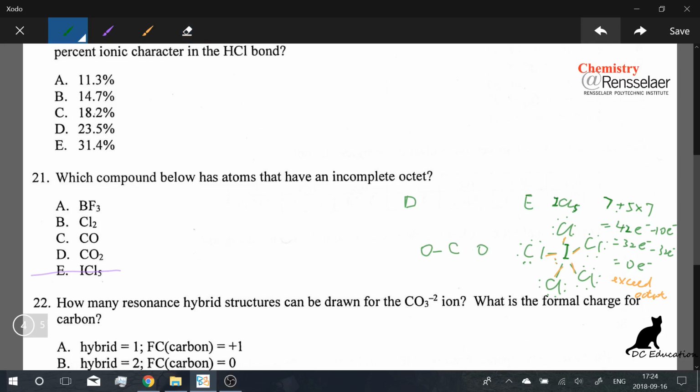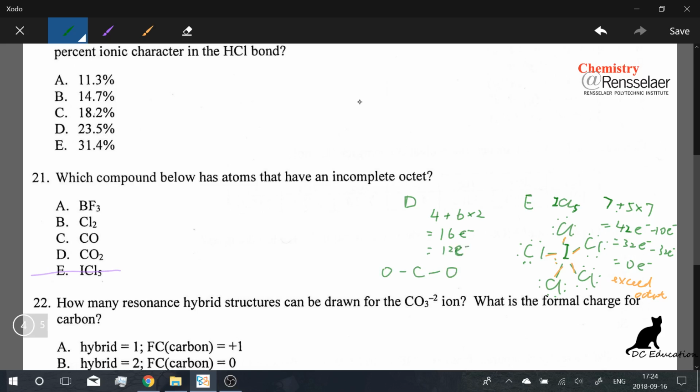And let's start in a more traditional way by calculating the valence electrons, which carbon has 4, and oxygens have 6 each. So the total number should be 16 valence electrons. Let's put carbon in the middle with oxygens on the sides. These are 4 electrons, so we still have 12 left.